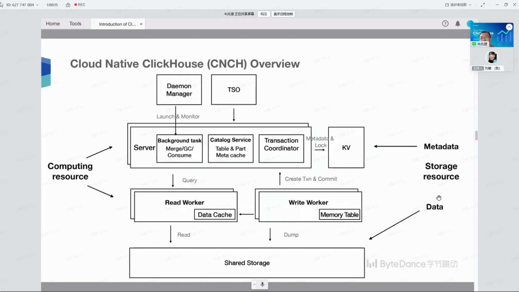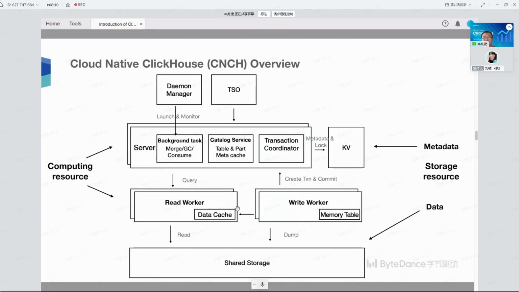The computing resource here is just the server and the workers. The users will directly send queries to the server, and after the server accepts the queries, it will do some scheduling and schedule those subqueries or tasks to the different workers.